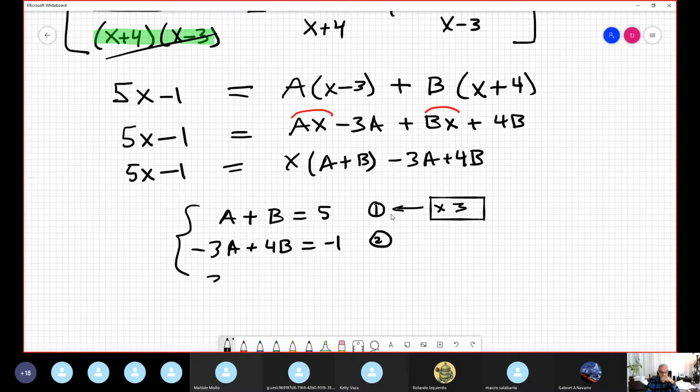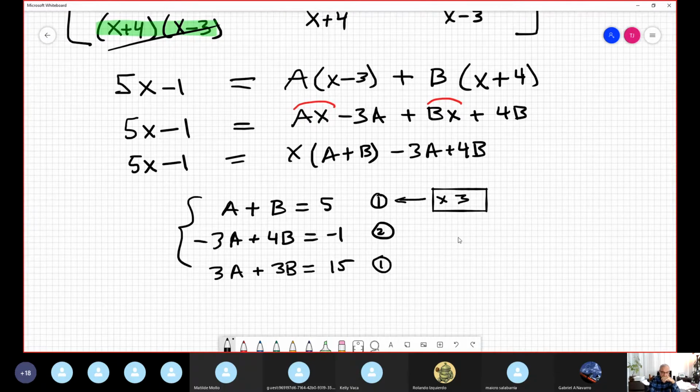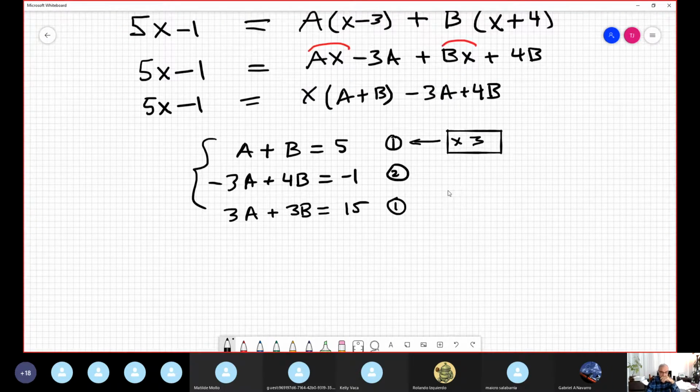This is 3a plus 3b is equal to 15. And this is exactly my equation 1. There are no differences.